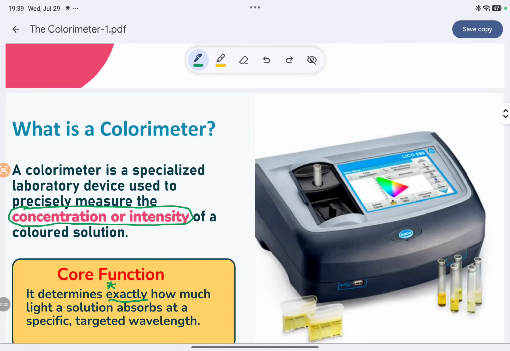So the core function is to determine how much light a solution absorbs at a target wavelength when we put the solution in the colorimeter to determine the absorbance of the color in that solution.